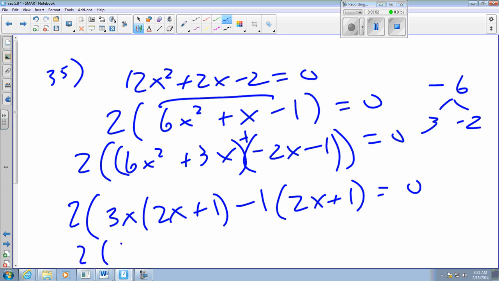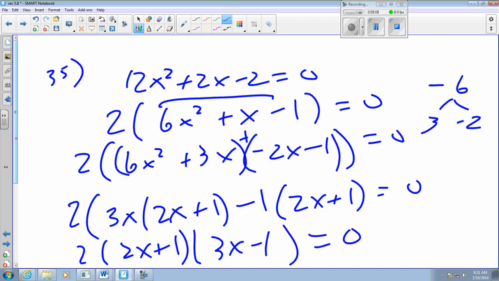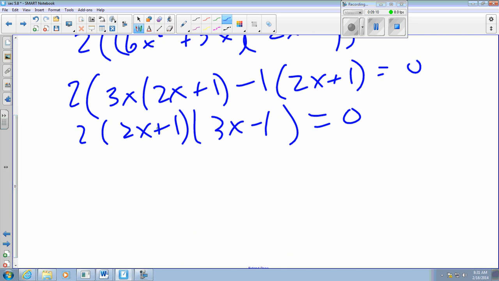So when I rewrite it, I can use 2x plus 1 and 3x minus 1. Now, since we can set these equal to 0 and solve it, we would subtract 1 from both sides and divide. So I know that I'm going to have a negative 1/2. Here, opposite of this, over that gives me positive 1/3.